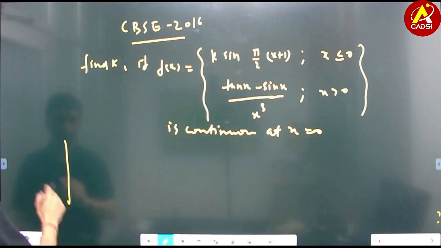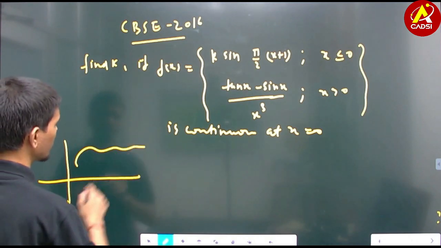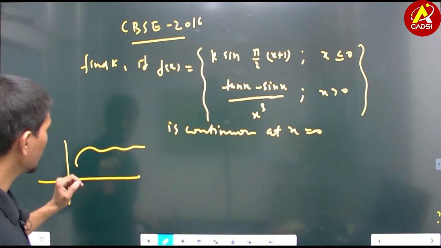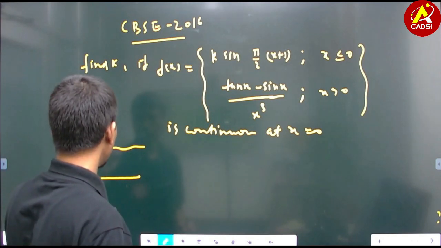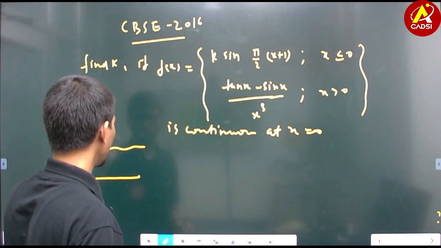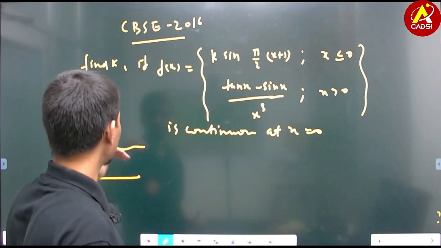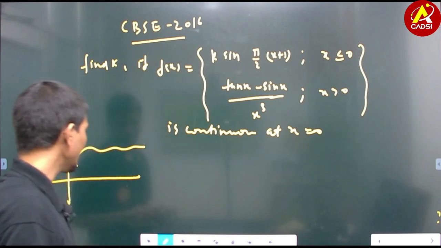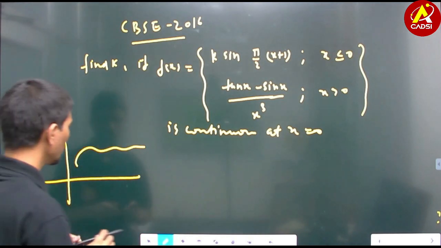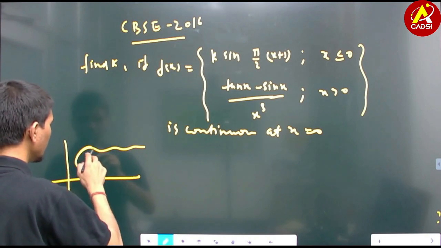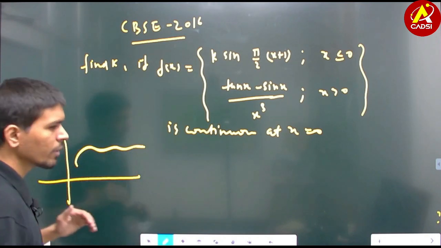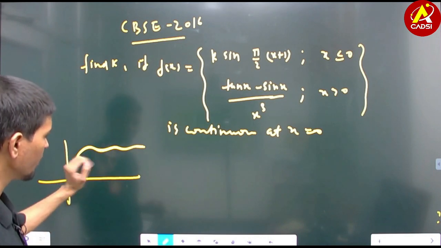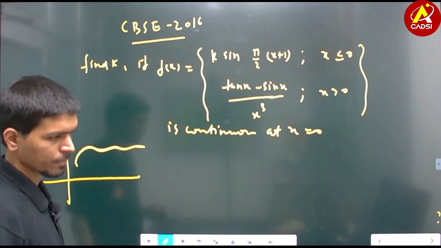Continuous means that the graph of a function is continuous, that there should be no point at which the function is discontinuous. There is no break on the graph of this function.